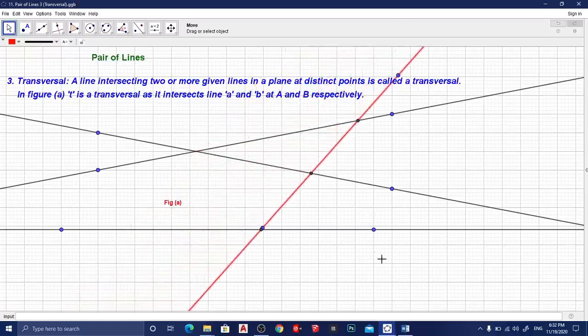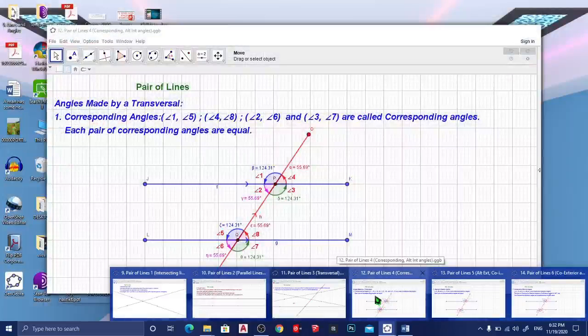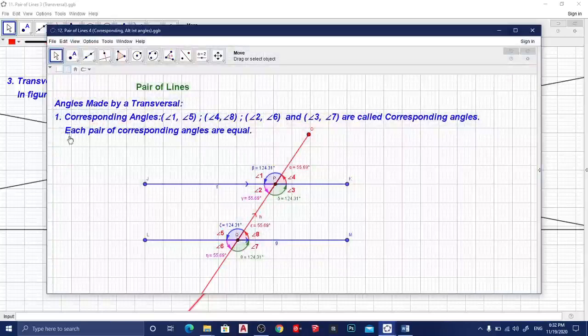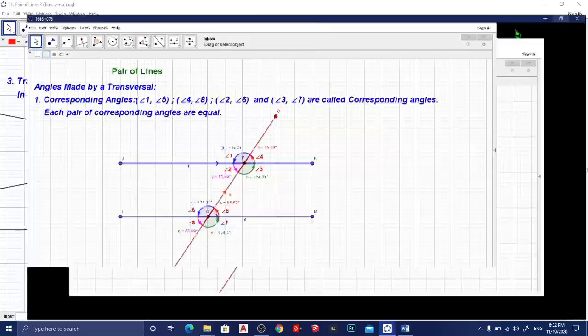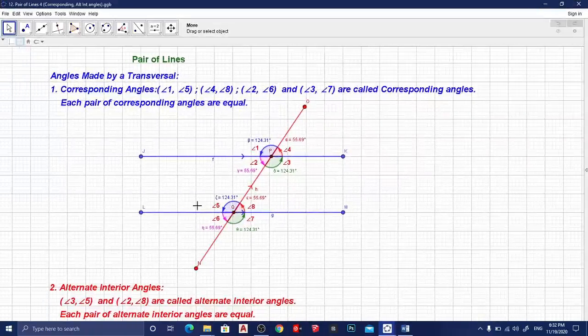So next one, we are going to the fourth one, which is angles made by a transversal if it is intersecting two parallel lines. That is the important point here. If a transversal is intersecting two parallel lines, it will make some special angles.